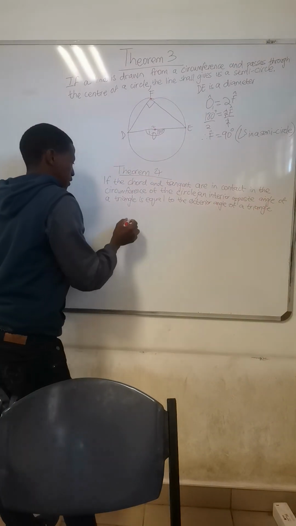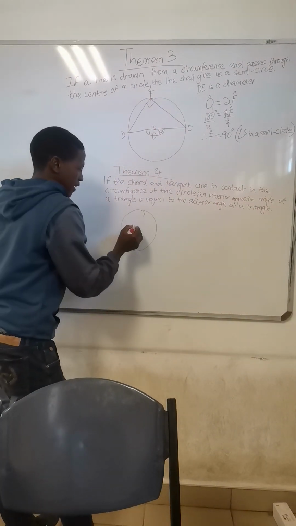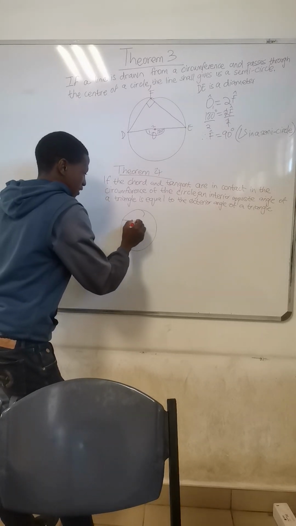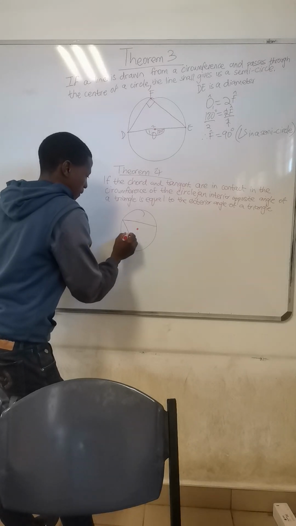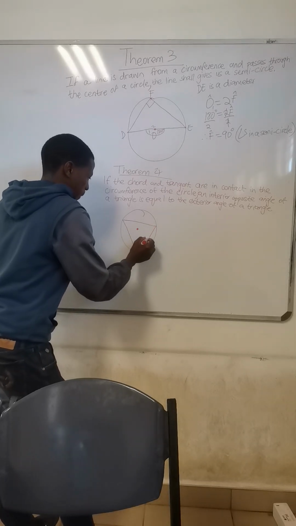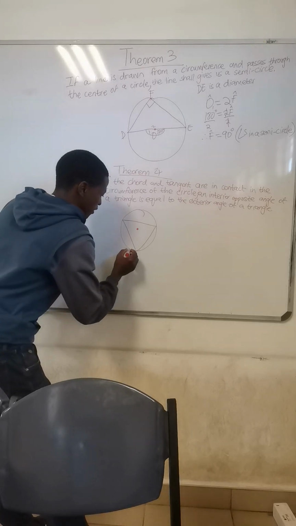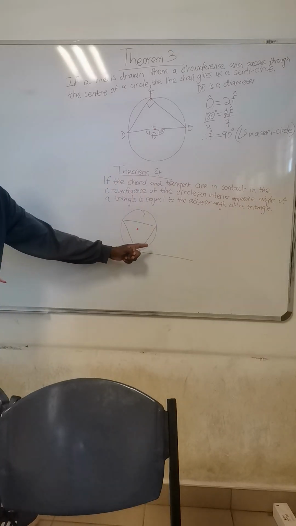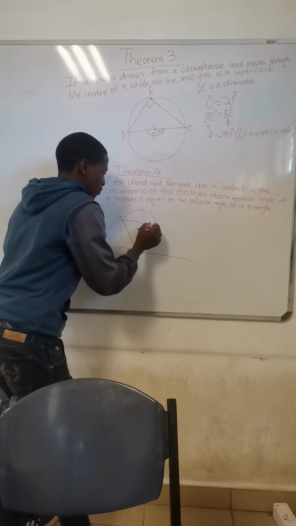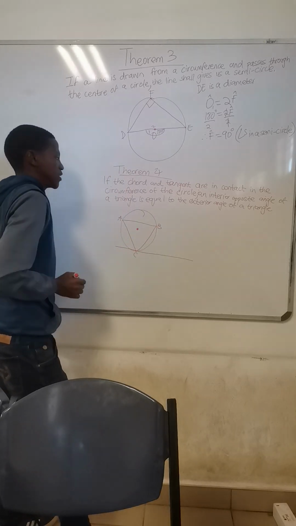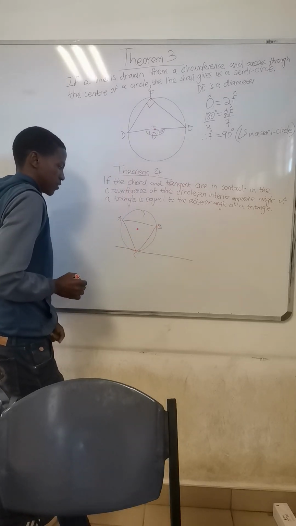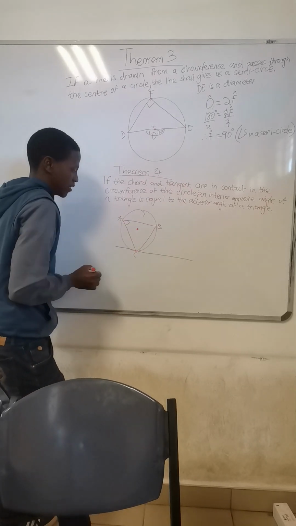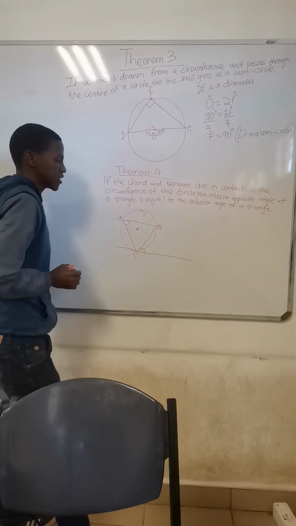What do I mean by this? If you have a circle and then we have a center, and then there is a triangle and there is a tangent that touches the circle at one point. We have A, we have B, we have C. Isn't it? Therefore, angle A will be equal to angle C. Why?